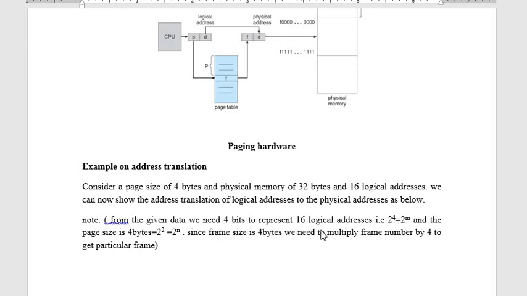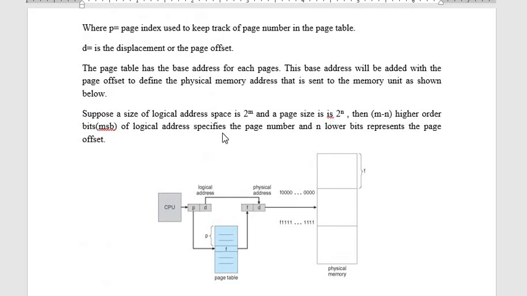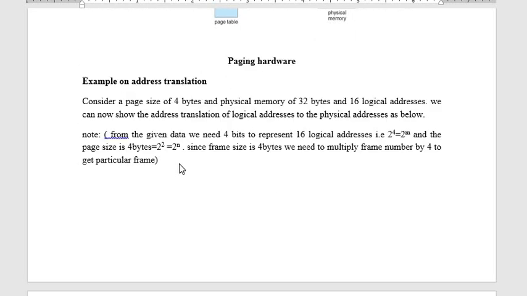So if you represent 16 as a power of 2, you get 2 to the power of 4, so m would be 4. Now they have also said that the page size is 4 bytes. When you represent that as a power of 2, it gives 2 to the power of 2, which is 2 to the power of n. So we now know the logical address space and the page size.